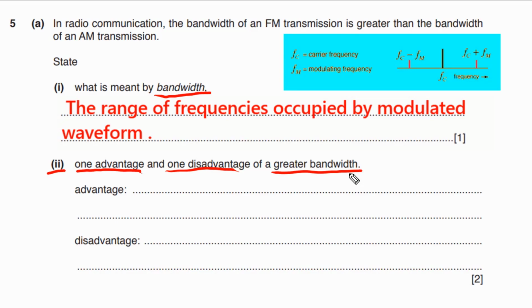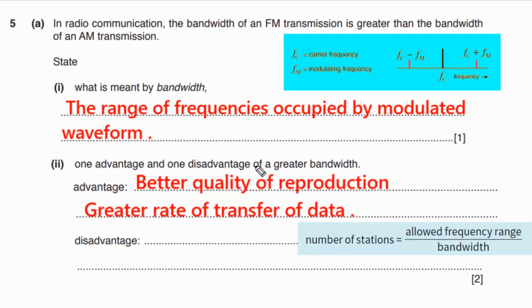And if you think about music from FM station and music from AM station, quality of music of FM station is much better than AM station because the bandwidth of FM is greater than bandwidth of AM radio stations. So this is how we can write advantage. Now let's try to write down one disadvantage of a greater bandwidth.